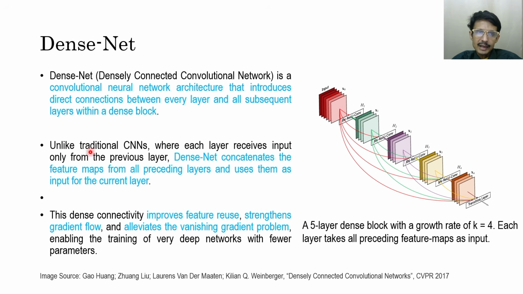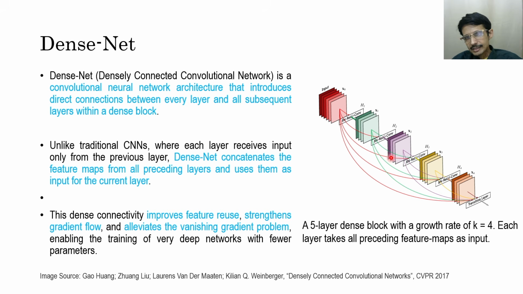Unlike a traditional CNN, where each layer receives input only from the previous layer, DenseNet concatenates the feature maps from all preceding layers. If you take this layer, it receives input from the last layer, the last-to-last layer, and so on, again back to the first.